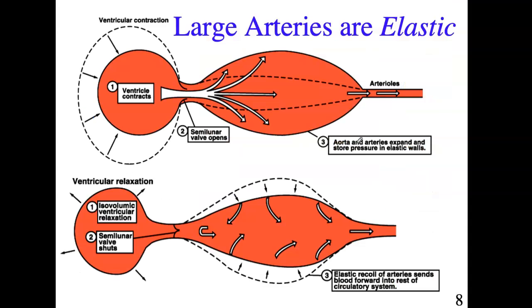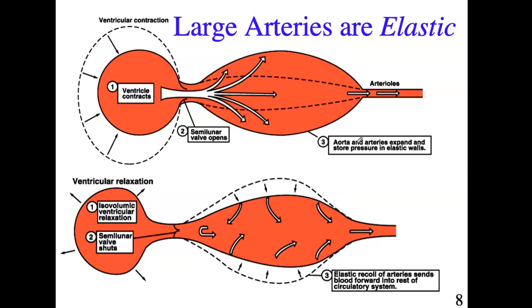A little bit more on large arteries. Large arteries are elastic. So think of something big like the aorta. As soon as blood hits that aorta, it means that the ventricle contracted. And if the ventricle contracted, it just shot out at high pressure quite a bit of blood into that vessel that's not rigid.